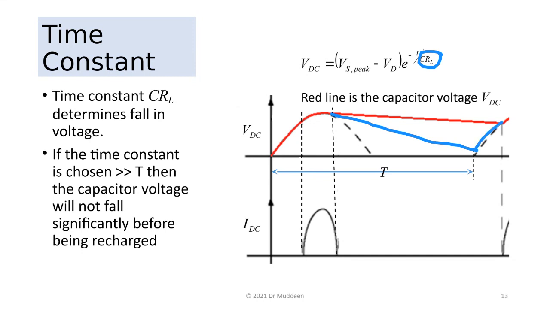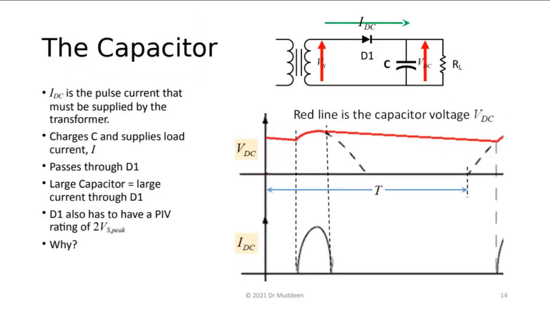And if you make the load big enough, then of course the line gets closer to the horizontal. The general design criterion is that the time constant CR should be bigger than the period T between the charge cycles. All right, and we'll formalize that in a second with an example.